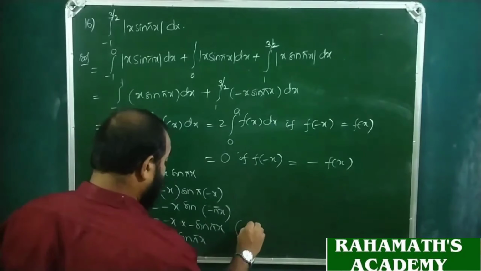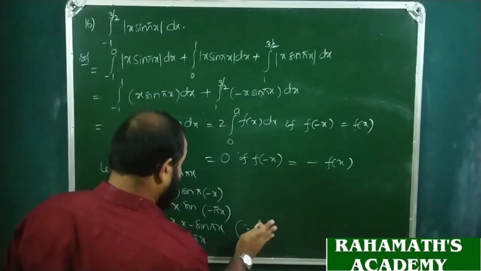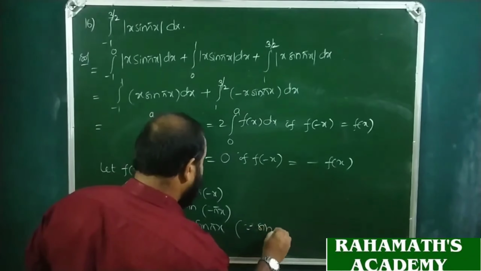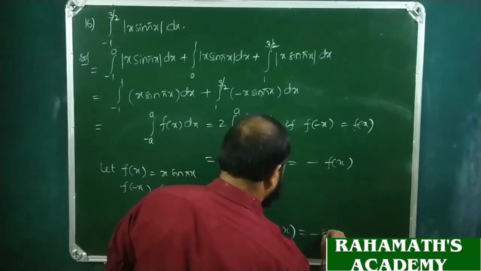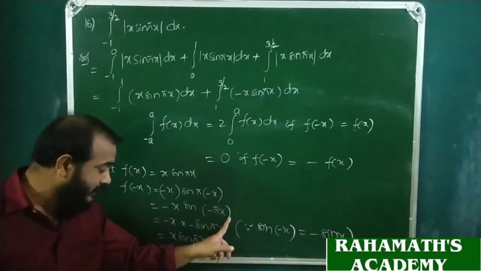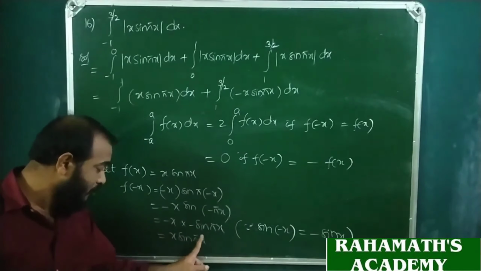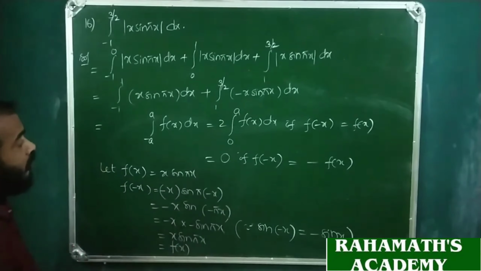So minus into minus plus, x sine pi x. Because here, how did I write? Sine minus x is equal to minus sine x. That is why sine of minus pi x is minus sine pi x. Minus into minus is plus. So f of x is what I got.